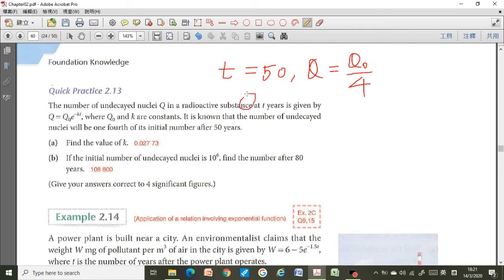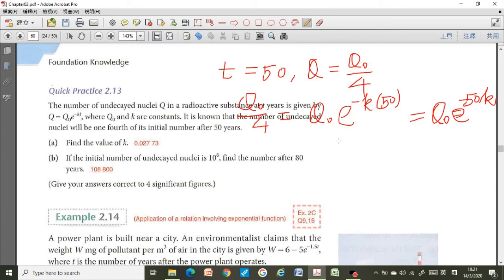So Q naught over 4 is equal to Q naught e to the power negative k times 50, which is e to the power negative 50k. Q naught you do not know, but here you can cancel because it is not zero.